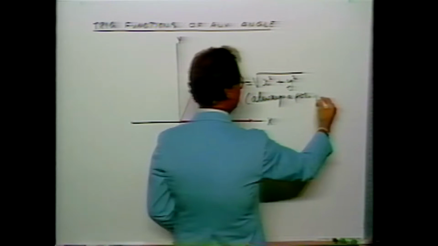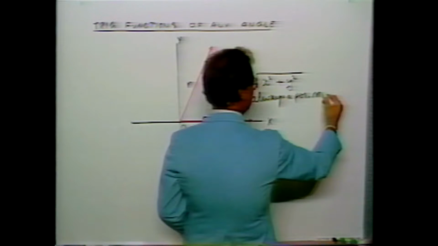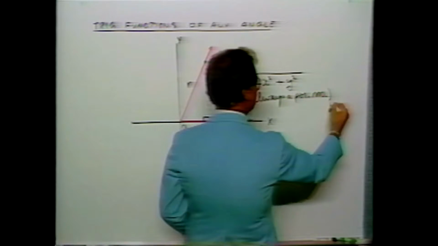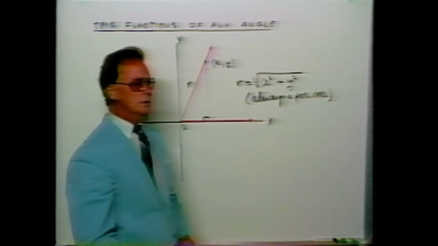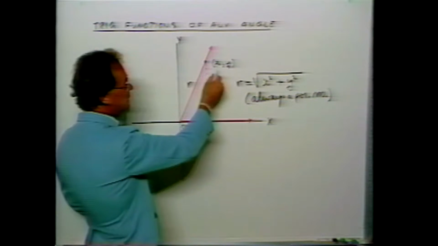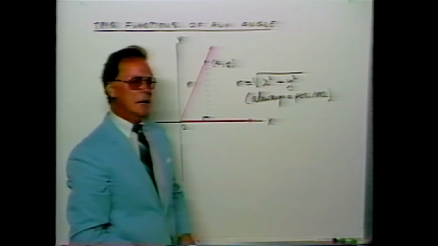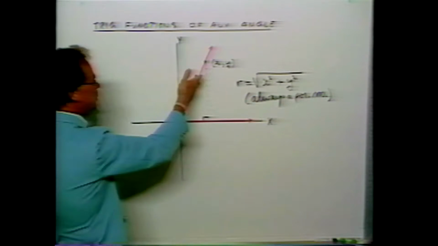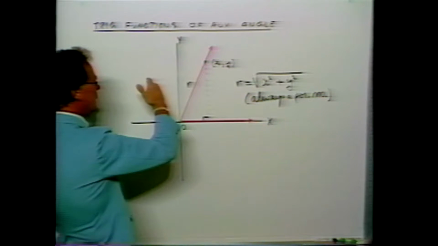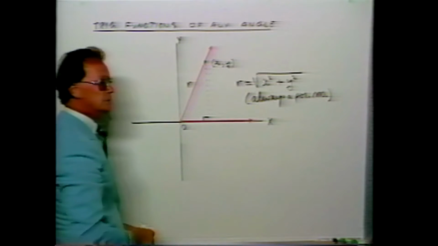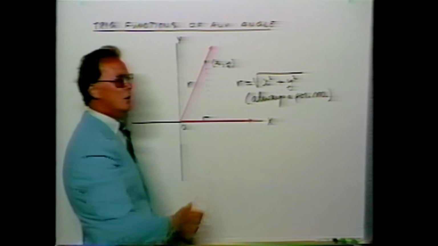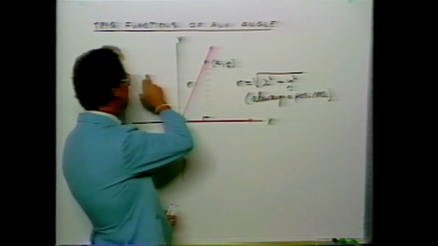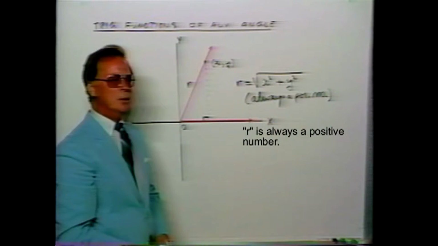Note that x and y can be positive or negative. If the terminal arm happened to be in this quadrant rather than where I have drawn it, then x would have been a negative number and y positive.